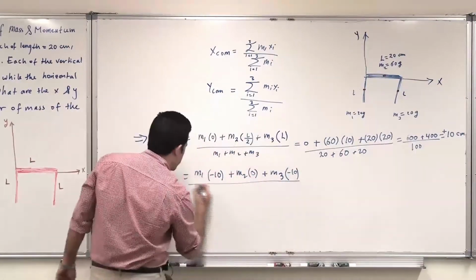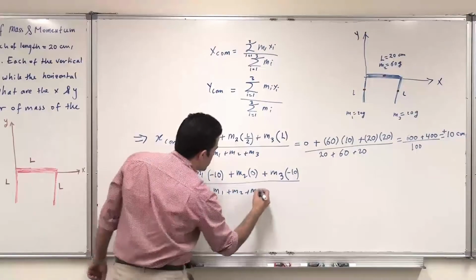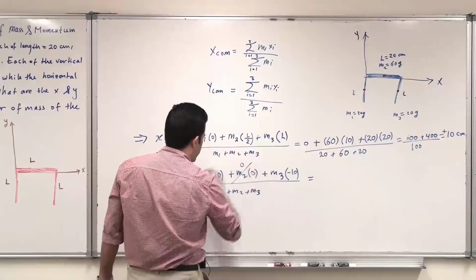This is divided by m1 plus m2 plus m3, all the masses. The middle term will be 0.